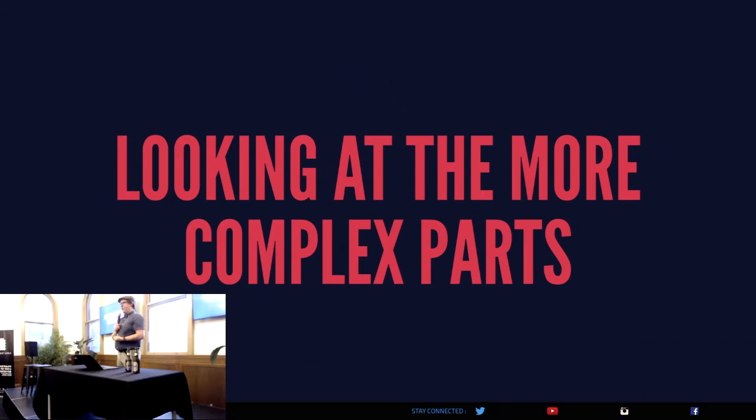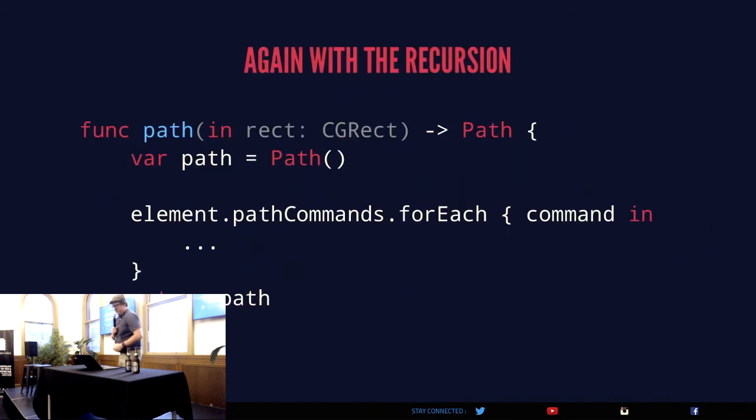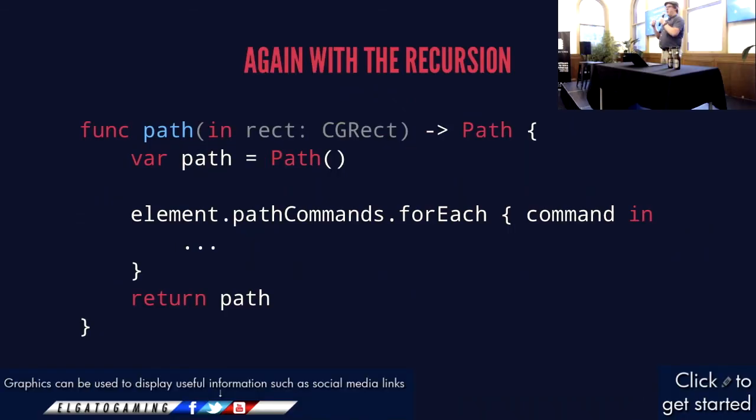Now let's look at something a bit more complex. Let's look at our path commands. Again, all this is recursion. So with an element, you have a single path attribute, and that path attribute has a series of commands that you need to recursively wander through.